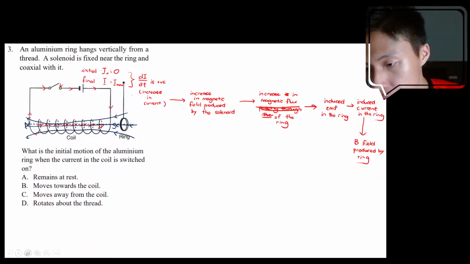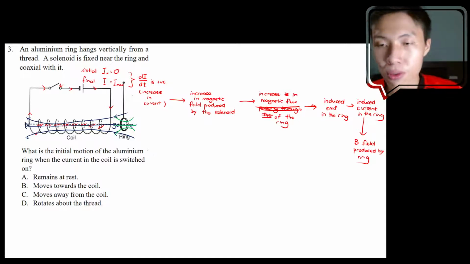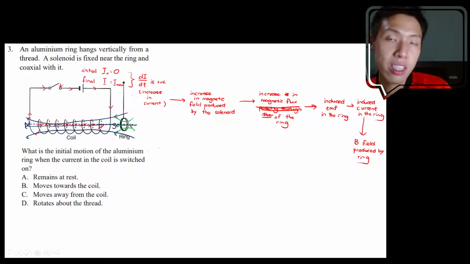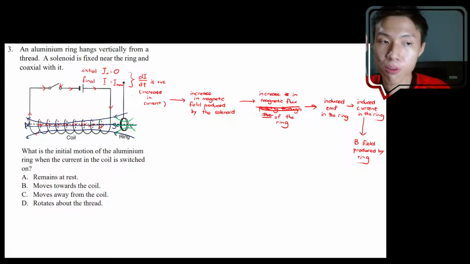I will represent it in green, so probably the magnetic field should look something like this as well, but we don't know the direction. But we know that this magnetic field produced by the ring will interact with the solenoid.